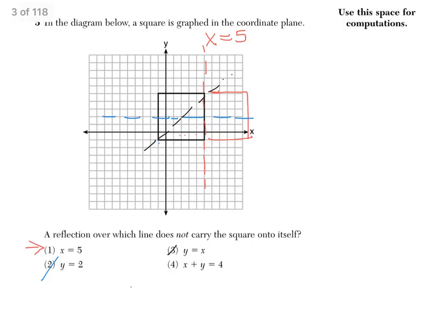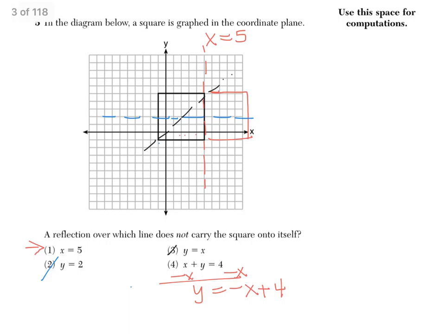If I solve this equation for y, I get y is equal to negative x plus 4, and I graph that, and I apply the slope down 1 over 1, down 1 over 1.